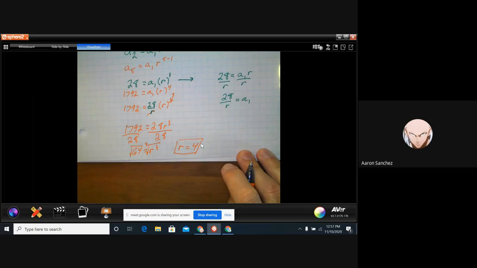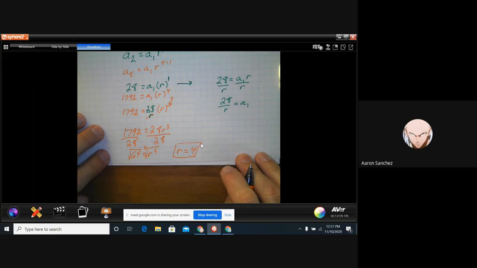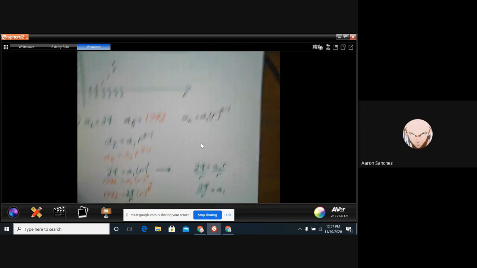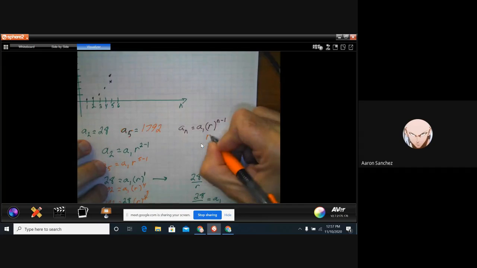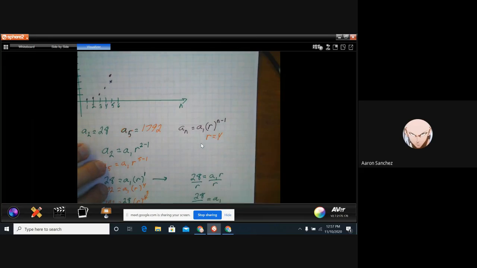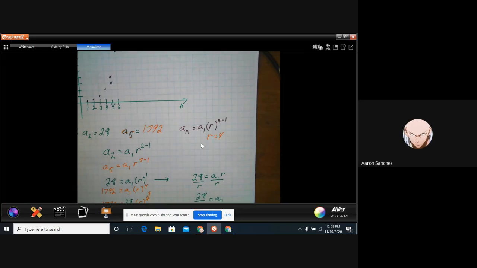R equals 4. Okay, well, we got the r. So let's go back. After all that, we have r equals 4. Okay, now we need our a sub 1, right? Now we need our a sub 1.